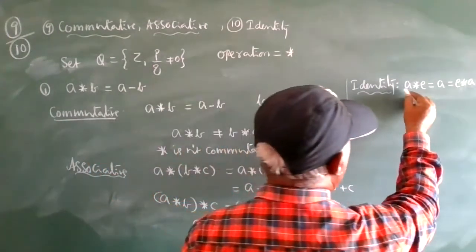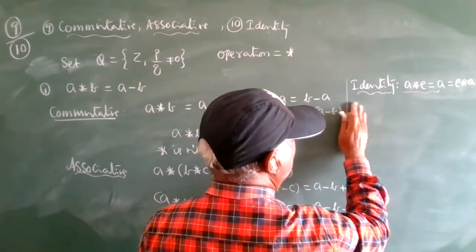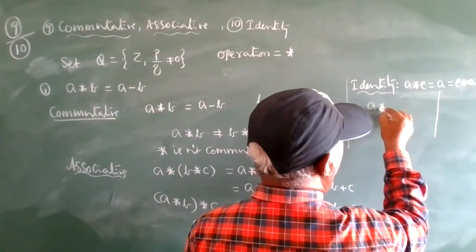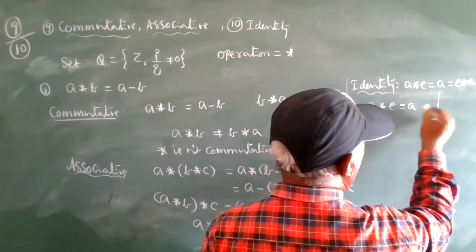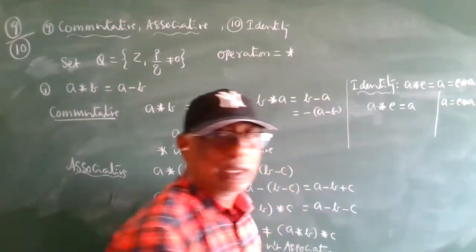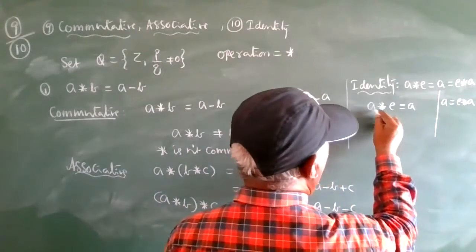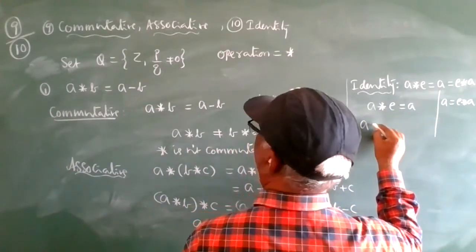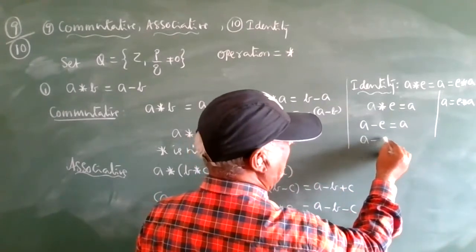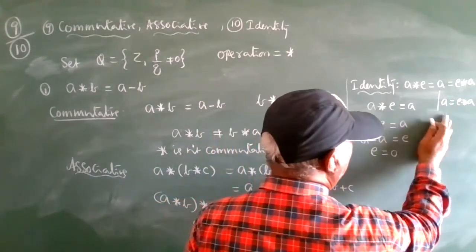Left side first, then right side. I will write here two parts. A star E is equal to A, and A is equal to E star A. By A minus E is equal to A, A minus A is equal to E, so E is equal to 0 from here.